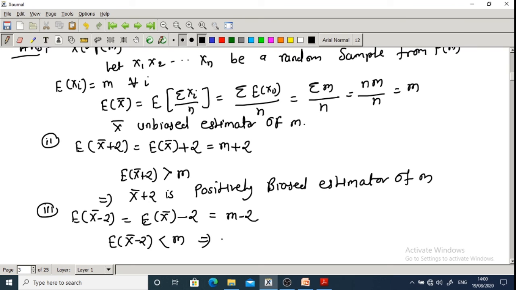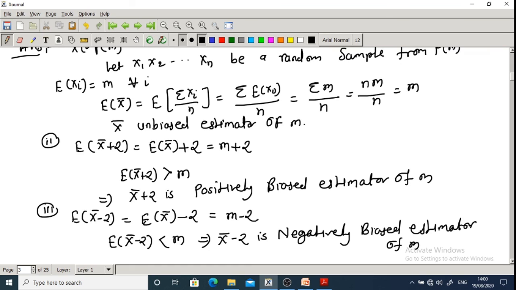This implies x bar minus 2 is a negatively biased estimator of m. This is example number 5. Thank you.